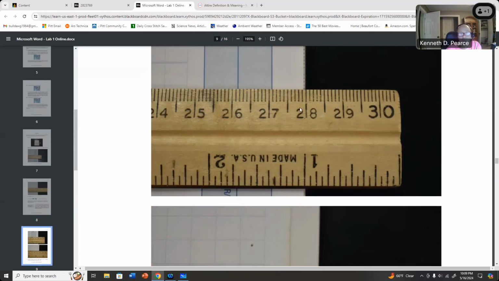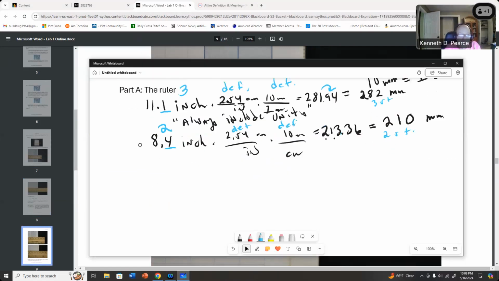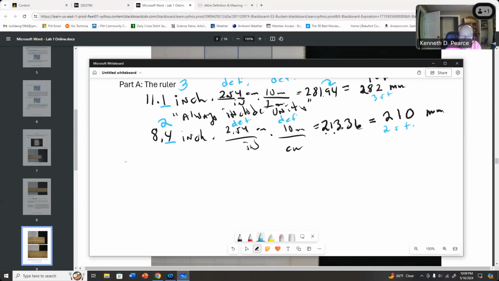So now we look at this and we say, well, that's at least 27 centimeters. It's not quite 28. So I'm going to say 27.9 centimeters. And so we'll measure, and I'm going to annotate it and say, measure in millimeters directly.